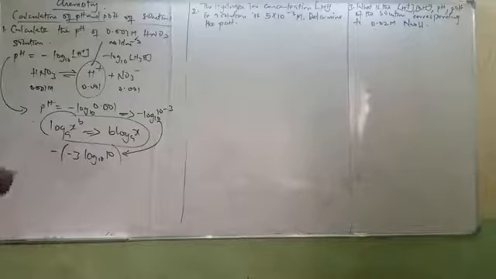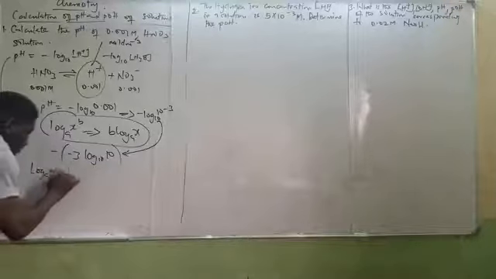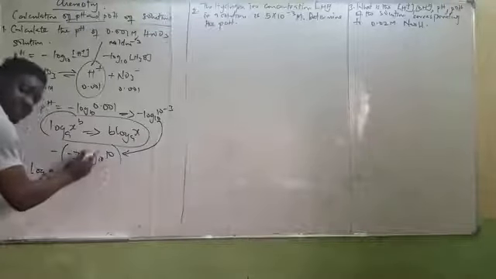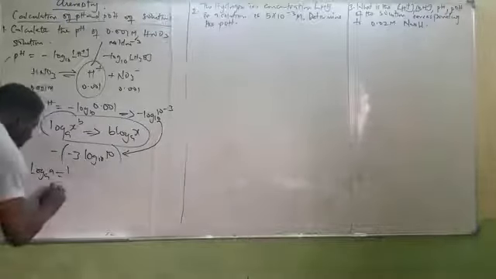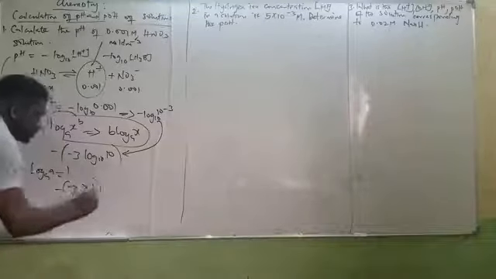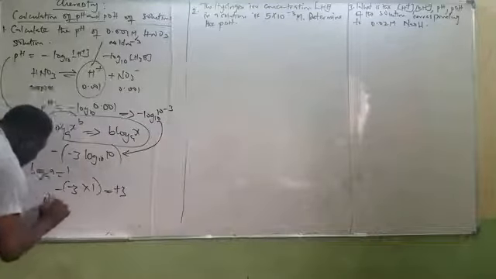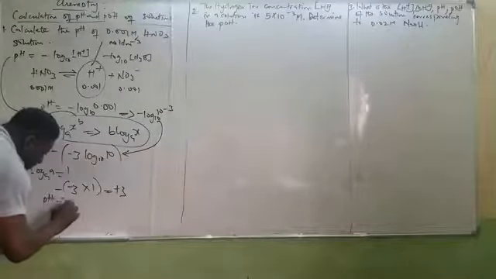And the other law of logarithm that we use here is log a base a is equal to 1. And here we realize that we have log 10 base 10, which means that we're having minus 3 times 1. So this gives us positive 3. That means our pH for this acid is 3.